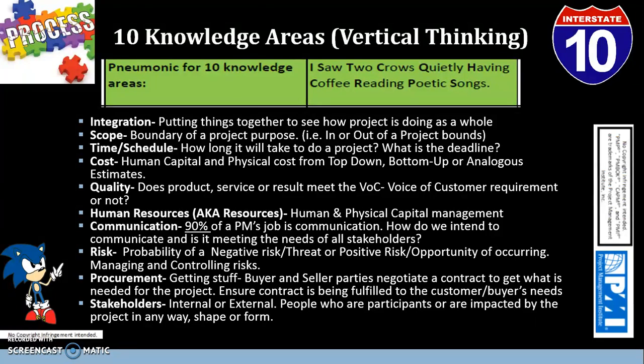I saw 2 crows quietly having coffee, reading poetic songs. So this video is going over each knowledge area from a high level, and the details will follow in a future video, breaking down each knowledge area and corresponding processes, the ITTOs, inputs, tools, techniques, and outputs. So this is really high level.